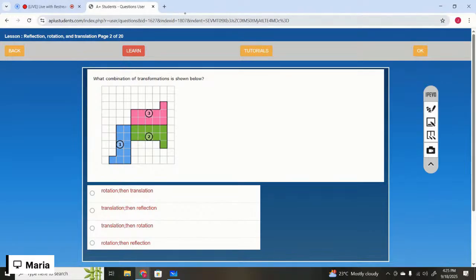What combination of transformations is shown below? From 1 to 2, it is a rotation.